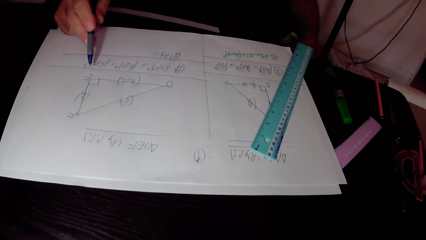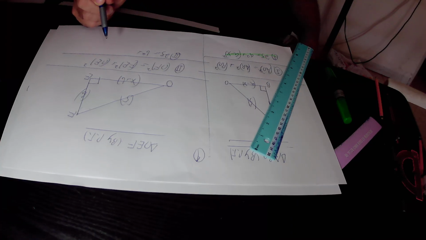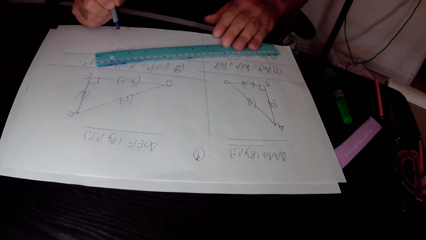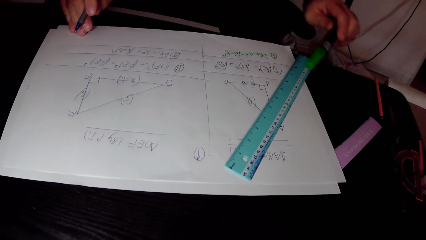FE is B, therefore FE squared is B squared. OE equals X plus B, therefore OE squared is X plus B squared. So in total, according to equation 2, we have found that 25 equals B squared plus X plus B squared.